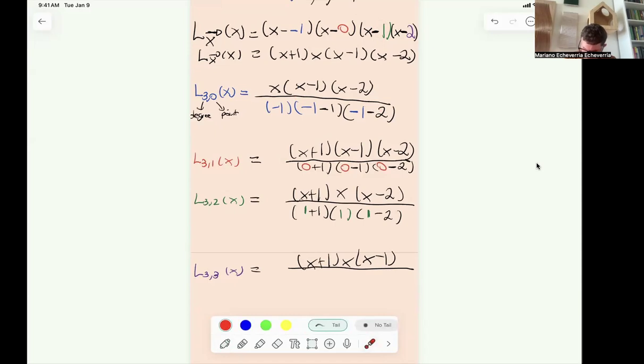And the purple one is associated to x equals 2, so I'll put x equals 2 here: 2 plus 1 times 2 times 2 minus 1.